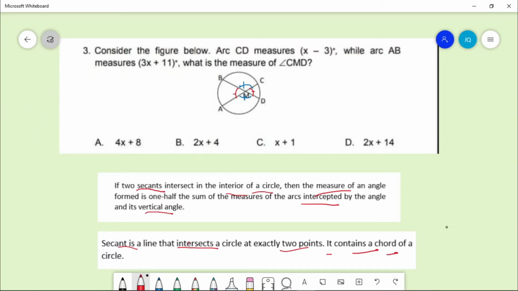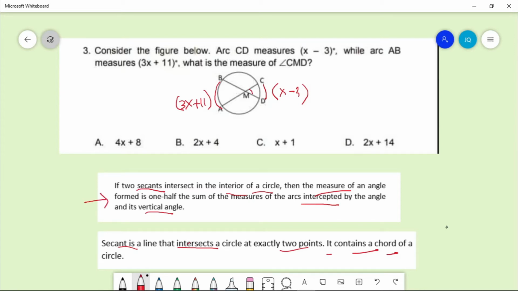Now let's go back to the problem. What we are looking for is the measure of angle CMD, and the given are x minus 3 and 3x plus 11. We are looking for this angle, and based on the theorem, it is 1/2 of the sum.